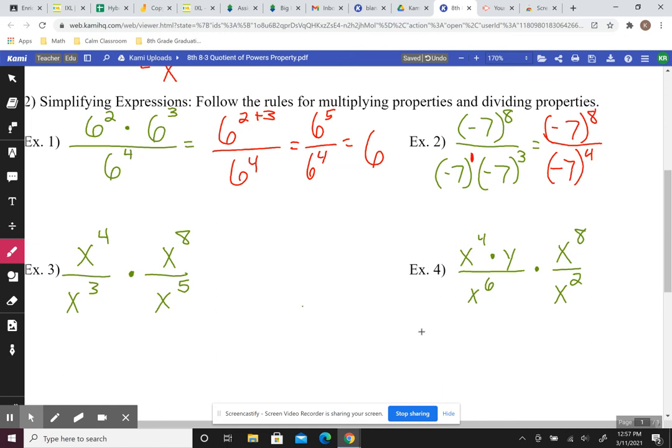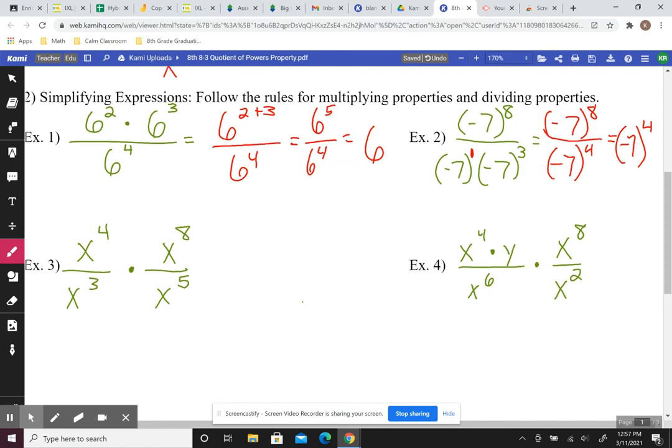And then we do the subtraction because we're dividing. So -7 is what we end up with, and 8 minus 4 is 4.